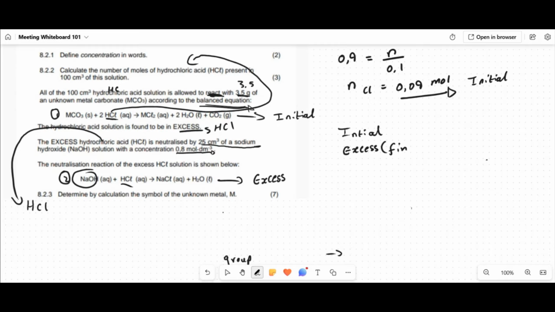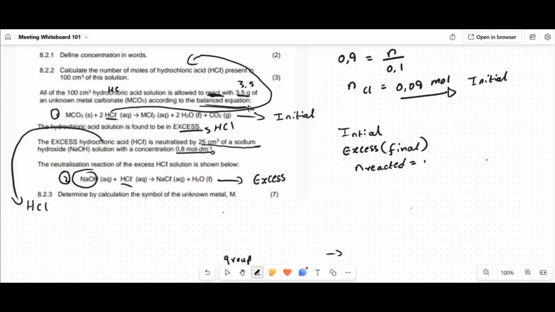I can just say final, because excess is after the reaction has been done. Which means if we have the initial and final, we can find the used up number of moles, or the number of moles that have reacted.